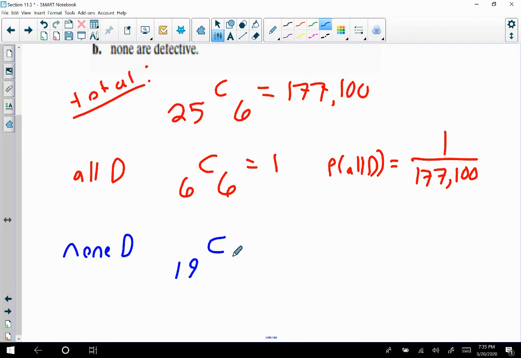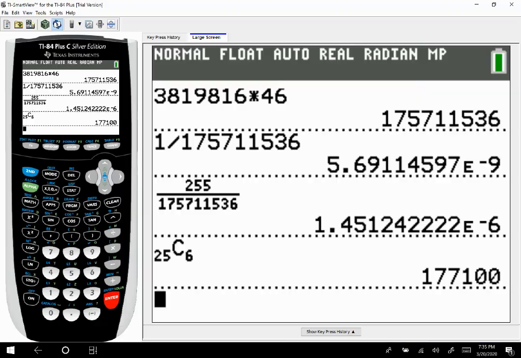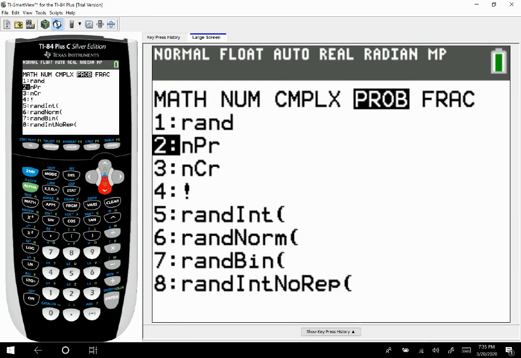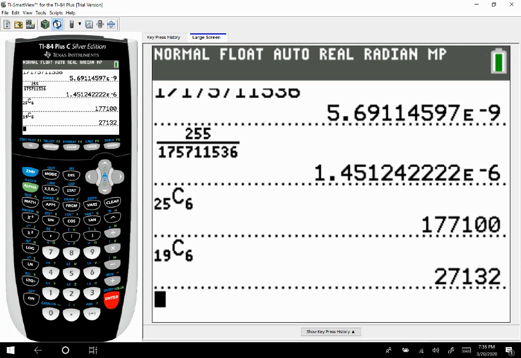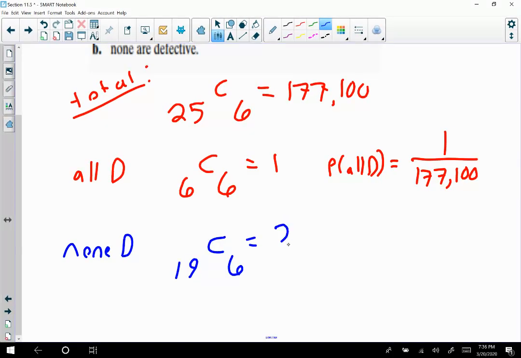And how many of these do I want to choose? 6. So we go to our handy dandy calculator. We've got 19 choose 6. So there are 27,132 ways that we can choose non-defectives.